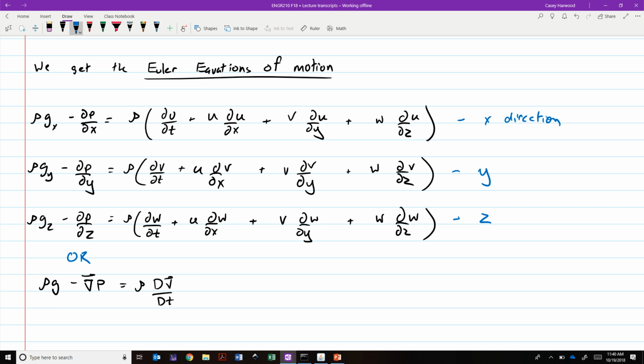And so this is it. This is the Euler Equations. There's not a whole lot more to say about them, except that they are valid for inviscid fluids, where the only surface forces present are pressures. So no shear stresses.